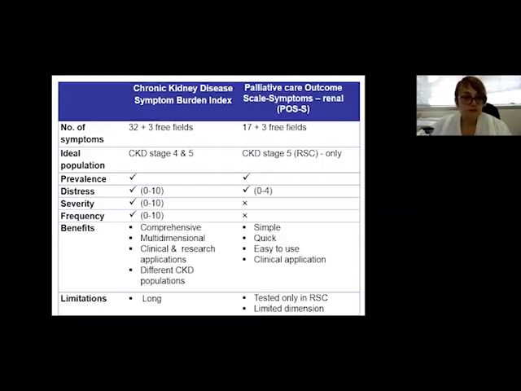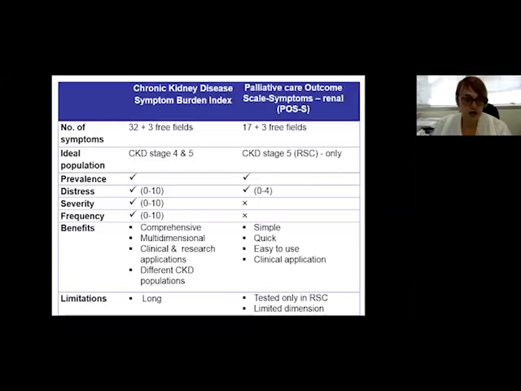Both of these patient-reported outcome measures measure prevalence and distress, but the POS doesn't measure severity and frequency. So we changed the dialysis symptom index to measure these on a rating scale between 0 and 10, just like a pain rating scale. Most patients are very familiar with a pain rating scale, whereas the POS only uses a 4-point rating scale, which is not that familiar to patients.